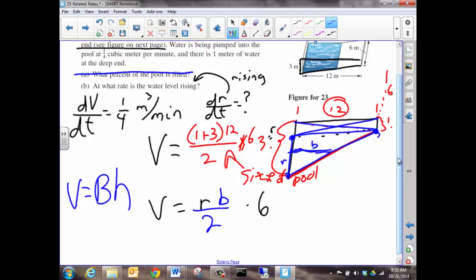So you need to know how many of them. You're putting 6 meters worth of them, and you need the area of each one. If you add all of that up, that gives you the volume of it right there. So the volume formula is the area of the base times the height, which is R times B divided by 2 times 6. How could we simplify this?